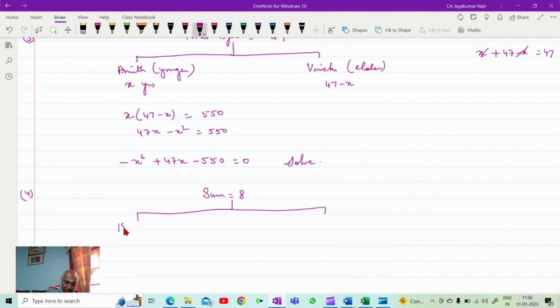Say this is the first number and this is the second number. If the first number, let it be x. I'm assuming the first number to be x. So the second number will be 8 minus x, like the one which we did earlier. So the sum of two numbers is 8, first number is x, so the second number will be 8 minus x.